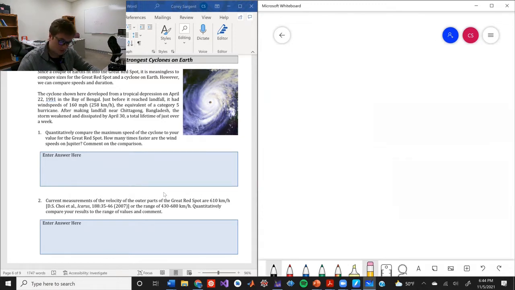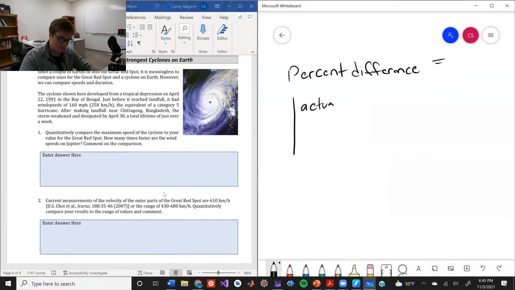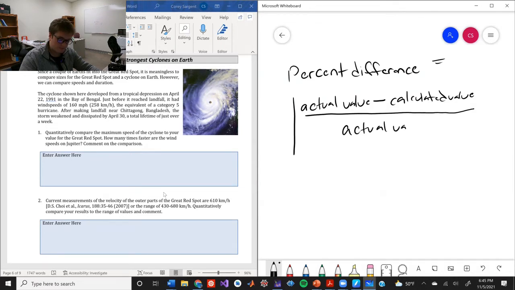And remember, the percent difference is equal to the absolute value of the actual value minus your calculated value, all over the actual value, times 100.